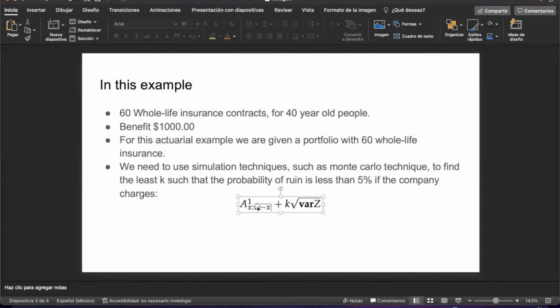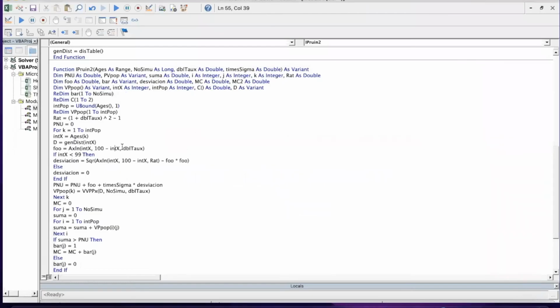So we need to calculate this one over here and this one. The actuarial present value will be calculated by this function. Then the standard deviation will be the square root of the second moment minus the first moment to the power of 2. And then we sum what we have plus the next premium and so on.